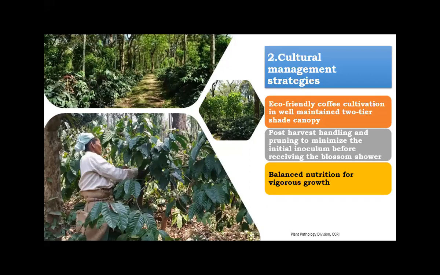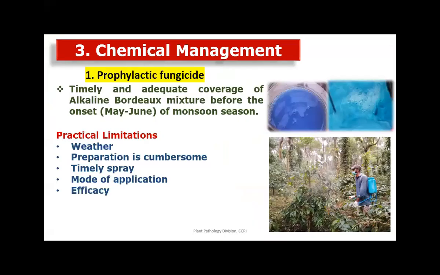The next option is post harvest handling and pruning to minimize the initial inoculum, if it is there, before receiving the blossom showers. That's very important. Also, very importantly, applying balanced nutrition for vigorous growth of the plant. When vigorous growth of the plant is there, then automatically disease incidence will be very low.